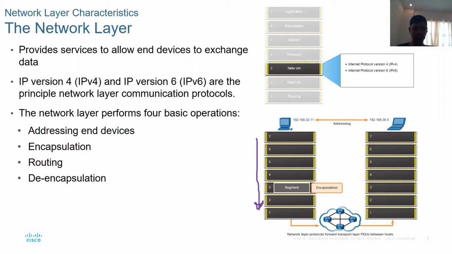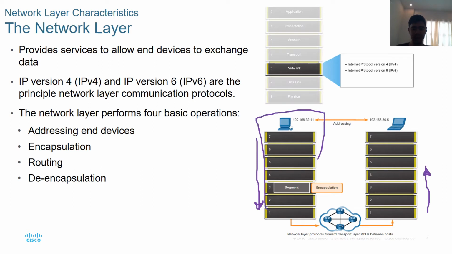So that's why the segment will now become a packet. It will be called a packet. And then during the receiving part, the packet is to be de-encapsulated, meaning the IP address is removed and processed.